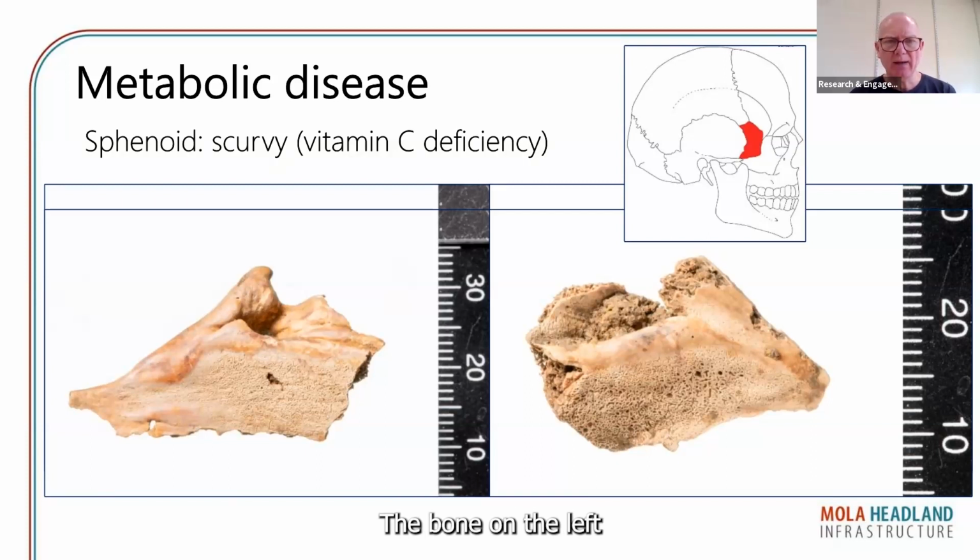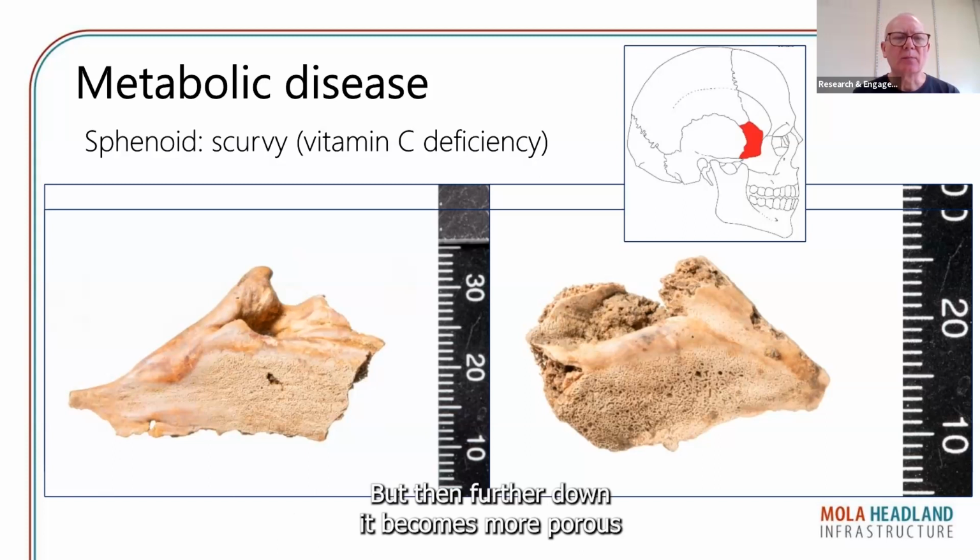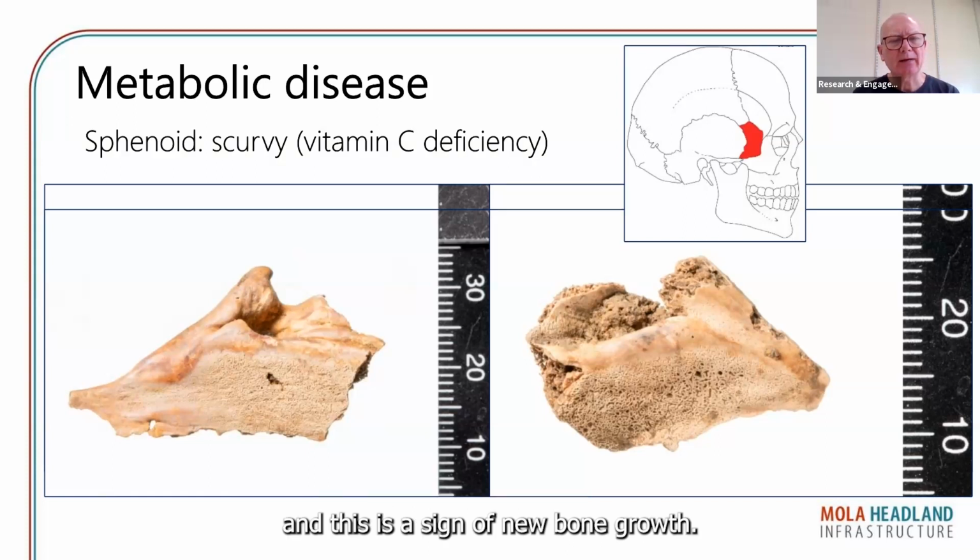The bone on the left is from the 2 to 3 year old, and you can probably see that the top of the bone is sort of ivory-like, but then further down it becomes more porous. This is a sign of new bone growth. It's reacting to inflammation or bleeding in the soft tissues adjacent to the bone.